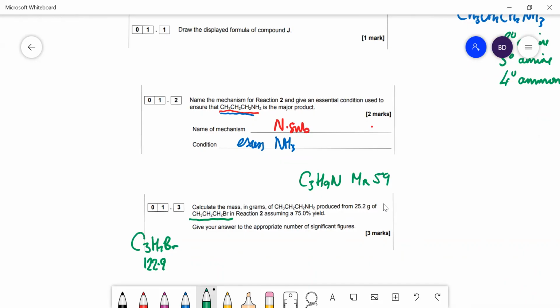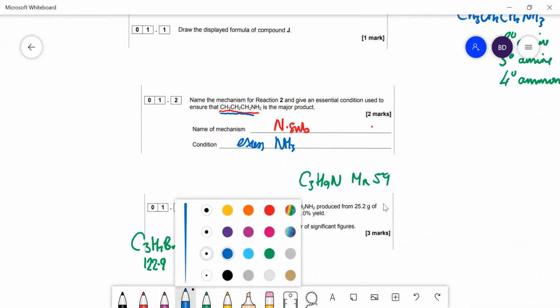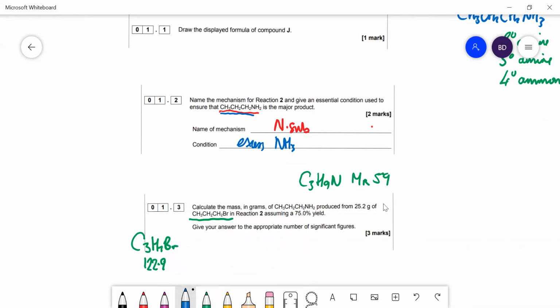Okay, so let's think about how these react. Now, 1 mole of the haloalkane is going to give us 1 mole of that. It's a 1-to-1 ratio, the moles. So let's work out how many moles of the bromopropane we've got. Well, we've got 25.2 grams divided by its Mr, 122.9.